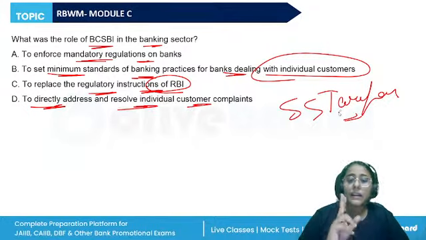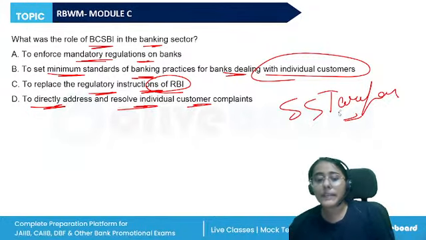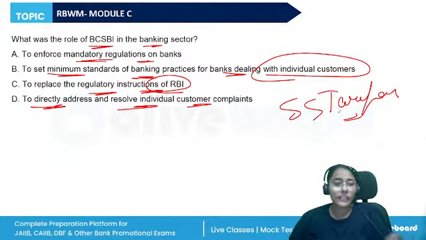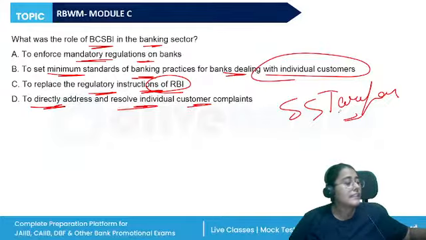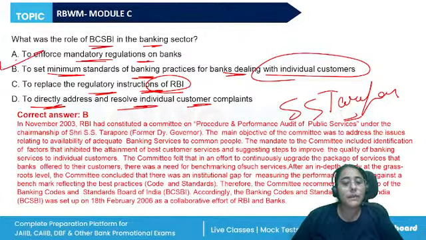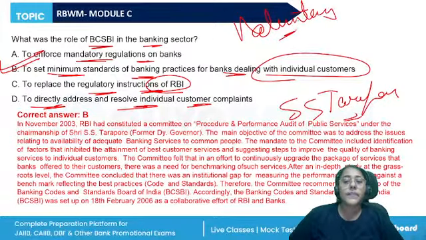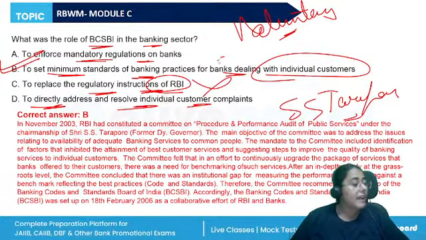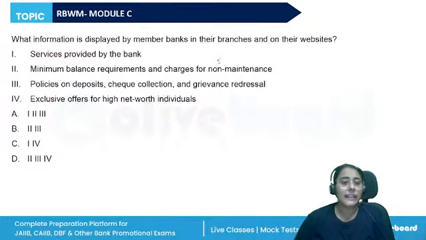Thus, the committee recommended setting up of the BCSBI and then it was set up. So the correct answer, the objective of setting up of the BCSBI is to set the minimum standards. It is a voluntary code of conduct, not compulsory for the banks to become a member. Also, it will not replace or supersede RBI instructions. Banks will still have to follow the guidelines.